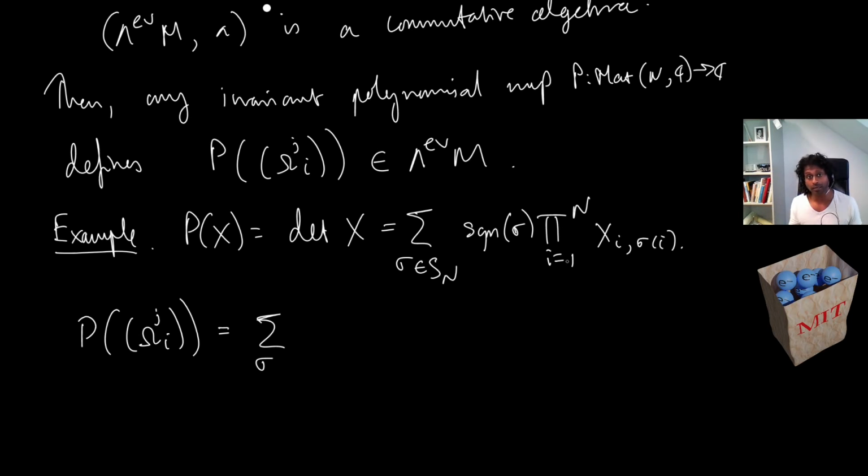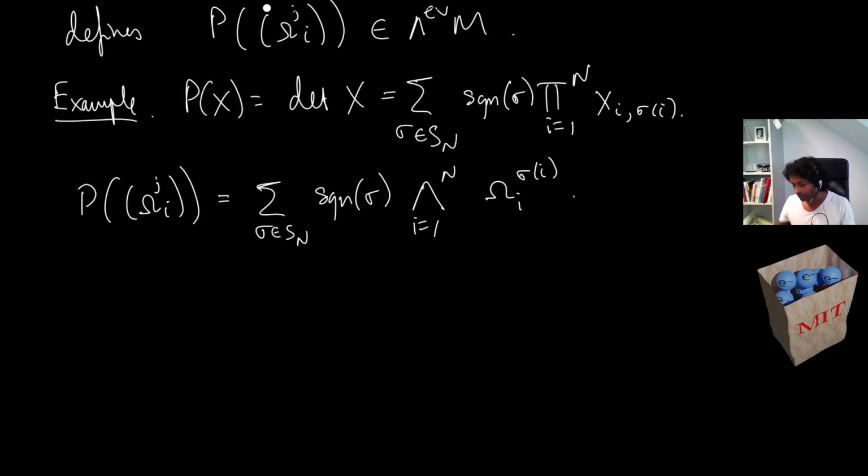You're replacing the product now with the product that appears in the algebra. So this is going to be the sum over S_n of the signum of this permutation, and now I have a wedge product, i equals 1 to n of Ω_{iσ(i)} in this way. Okay, so that's just a very concrete example, and that's really the only example we're going to really need. So I could have just started off with this to begin with, but I thought it's good to have a slightly broader context to see how all of this stuff fits together.